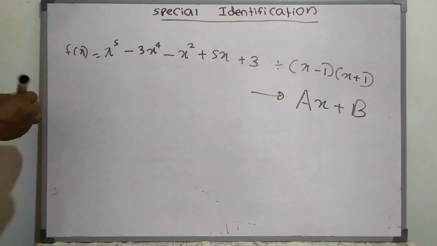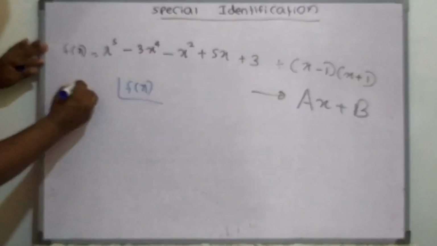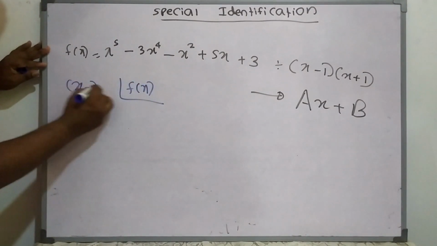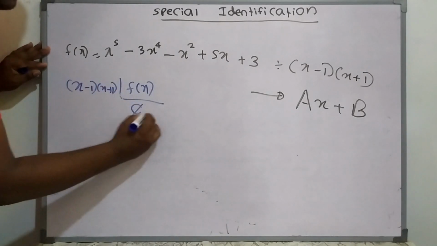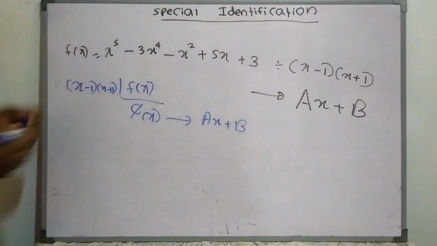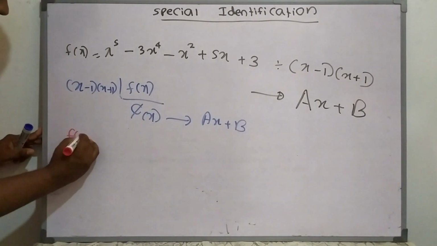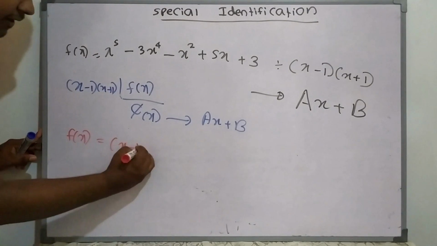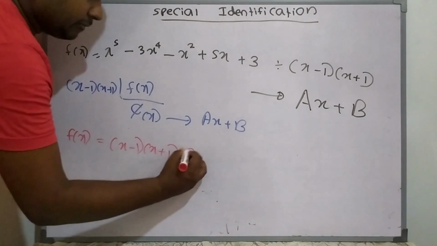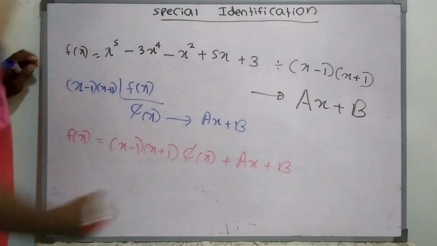Formulating the remainder theorem: f(x) is divided by (x minus 1)(x plus 1), the quotient is psi(x), and the remainder is ax plus b. So f(x) = (x minus 1)(x plus 1)psi(x) + ax + b.